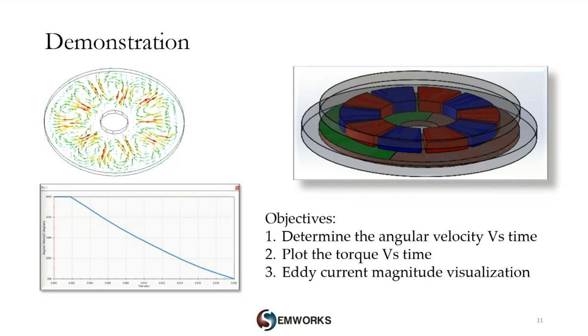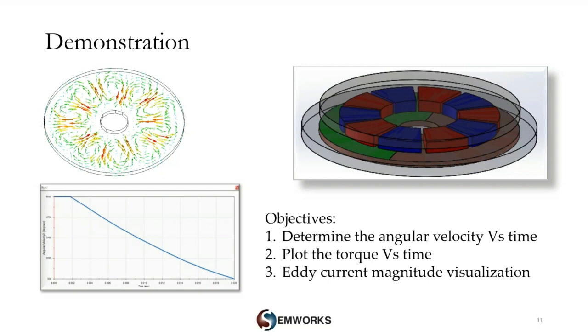And finally, the EMS product allows you to visualize the magnitude of these eddy currents, and that magnitude tells you about the efficacy with which the braking happens. It also gives you an idea about what kind of heat could potentially be generated in this conductor due to the eddy current braking.